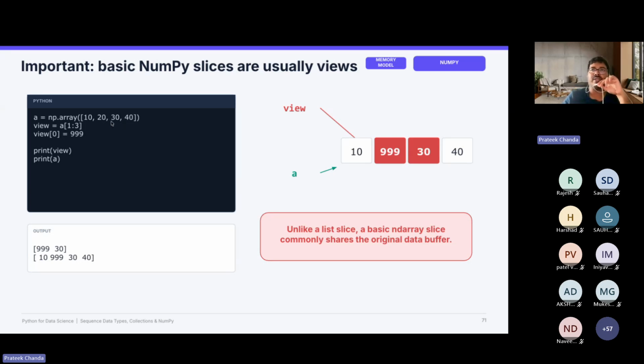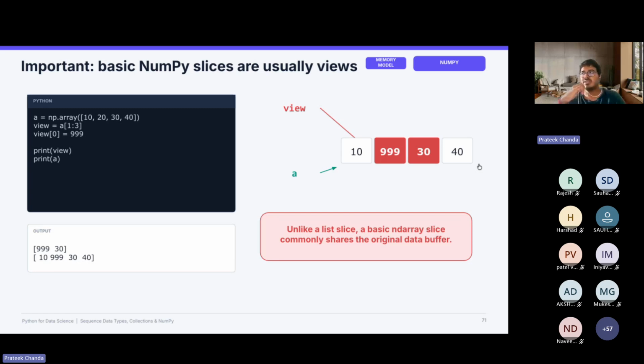So it would give me 20, 30. Now I'm setting view[0] equal to 999. If you print view only, it would give you 999, 30, because you are replacing the first element, which was 20, with 999. But if you print A now, the original 20 gets replaced by 999.